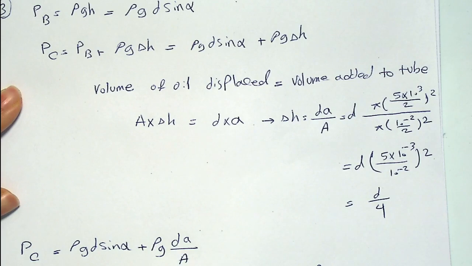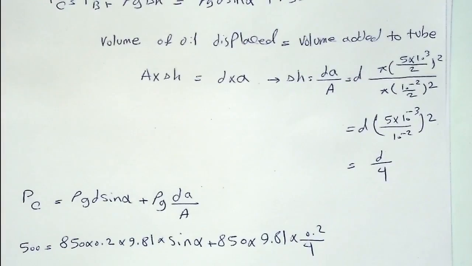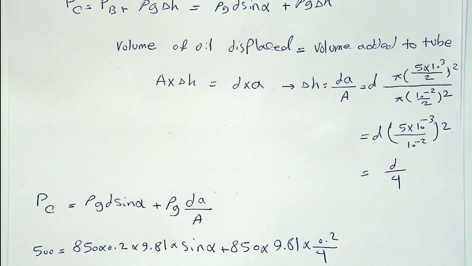So alpha would be equal to 2.825. Okay? Any questions?